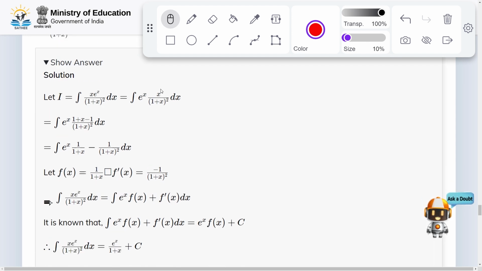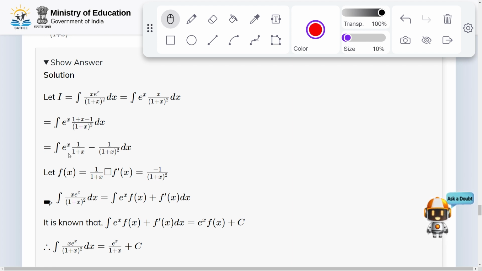So add and subtract 1 in the numerator. You will get e^x multiplied by (1 plus x minus 1) divided by (1 plus x) whole square. This can be rewritten as the integration of e^x multiplied by (1 by (1 plus x) minus 1 by (1 plus x) whole square). Now as you can see, the derivative of this will be this.